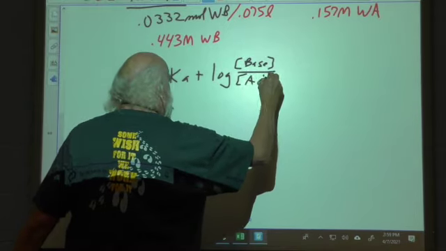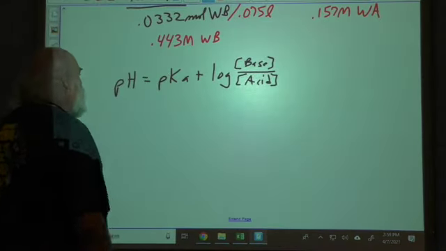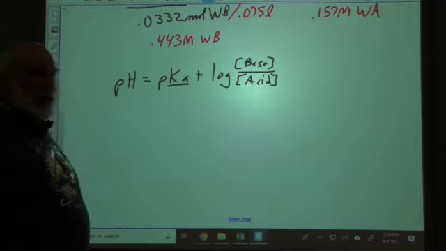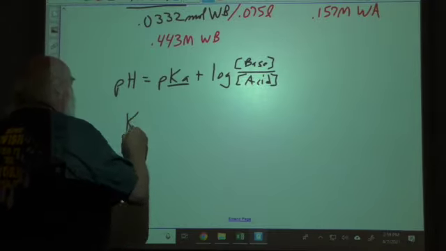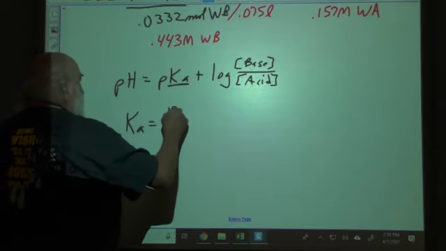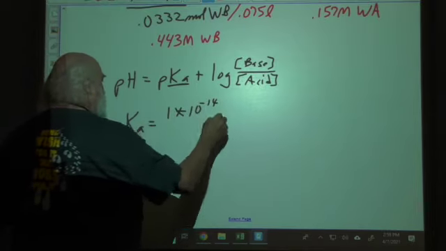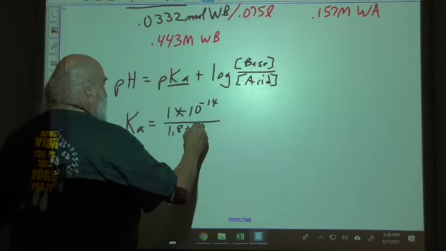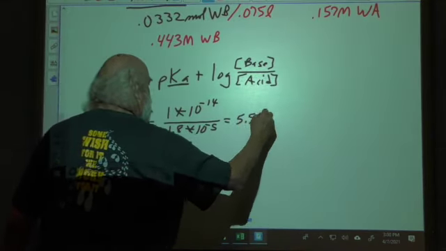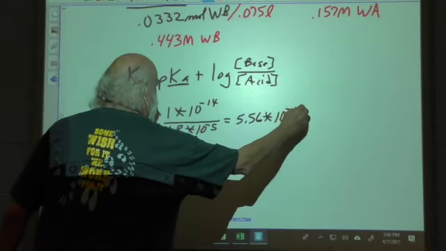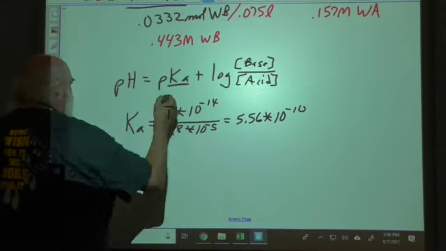And right here we see an issue. The issue is the fact that we want Ka, not Kb. So we got to change Kb to Ka. So 1 times 10 to the negative 14 over 1.8 times 10 to the negative 5 gives us 5.56 times 10 to the negative 10. So that's the value we're going to put in right here.